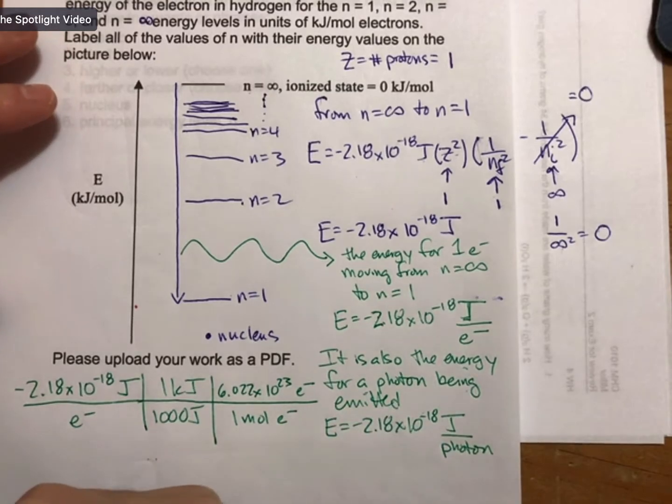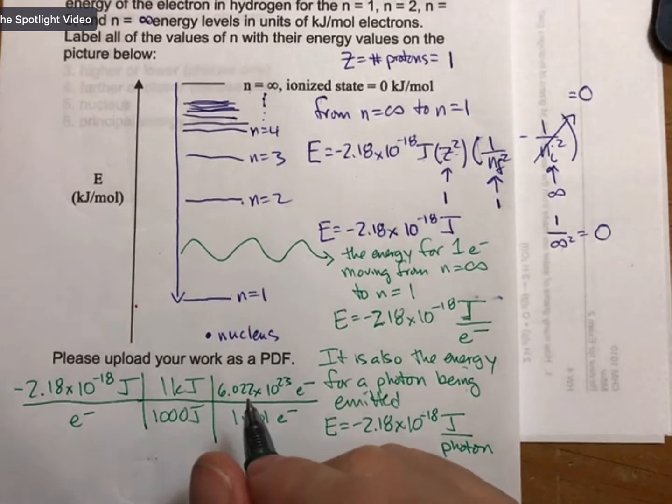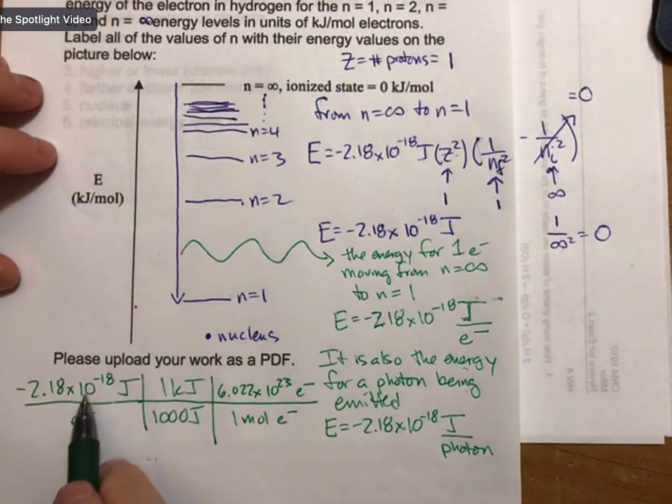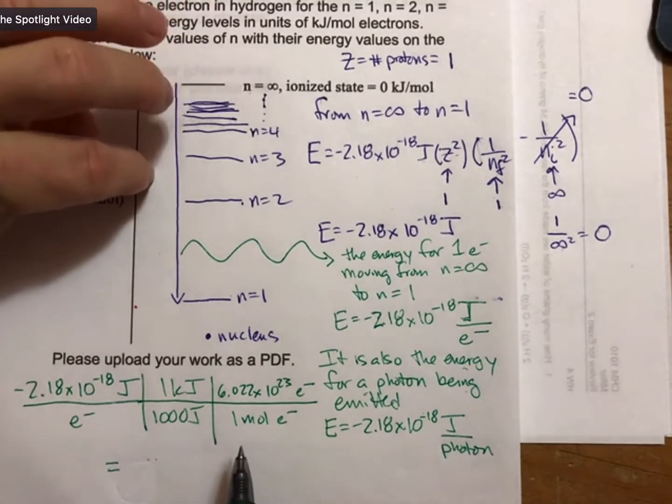Here comes Avogadro's number back to haunt us on Halloween. How scary, I know. Okay, but here we are. And then now the last step is to do this math and then draw it on our picture here.